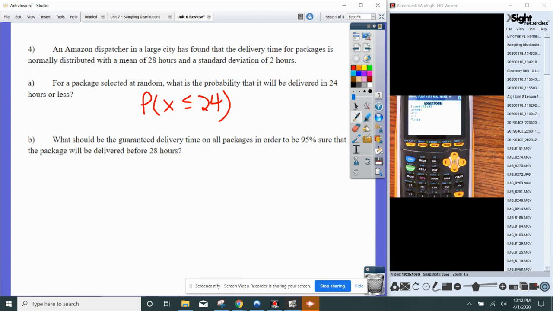Now, again, here's a little picture of what's going on. Standard curve. The average is 28. 2 hours is the standard deviation, so one standard deviation above would be 30, one standard deviation below would be 26, and so on. We're looking for 24 or less. So we're looking here down. What's that area? So the lower would be negative 1E99.